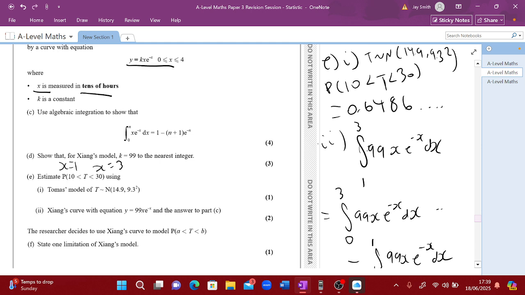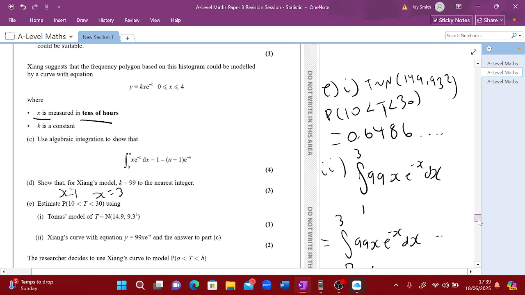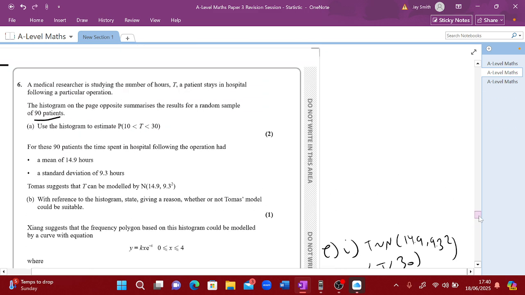So Chang's model again here. What would happen if x is bigger than 4? Then we wouldn't get a suitable model, would we? So that's the limitation. You can't predict it for values larger than 4.